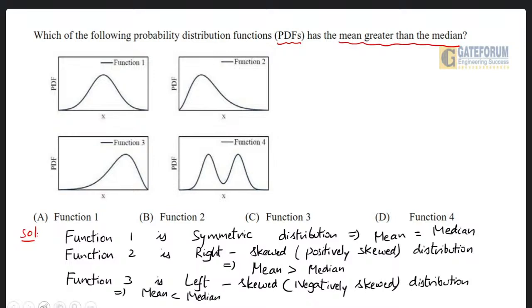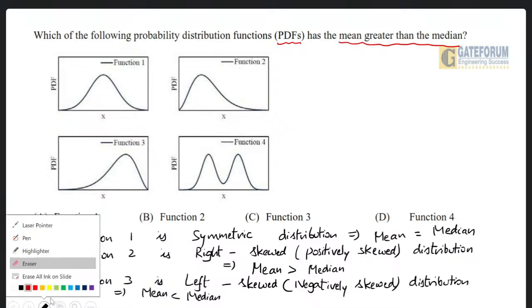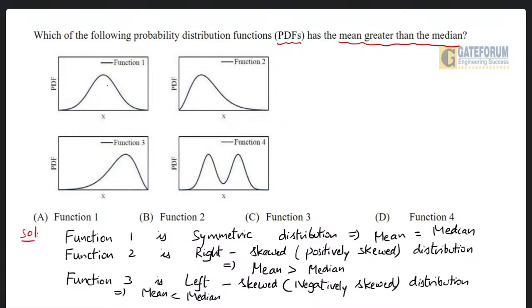So in the graph, I will underline this. So for this, mean is equal to median, symmetric about x.